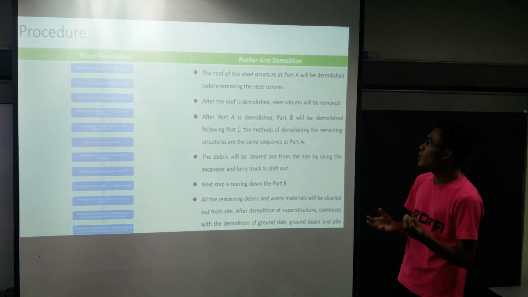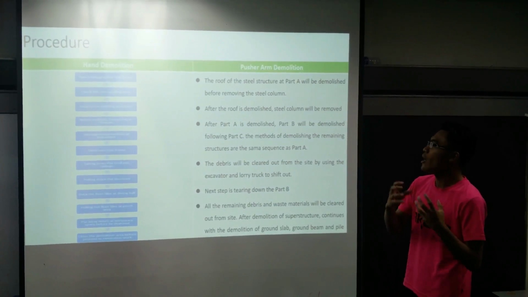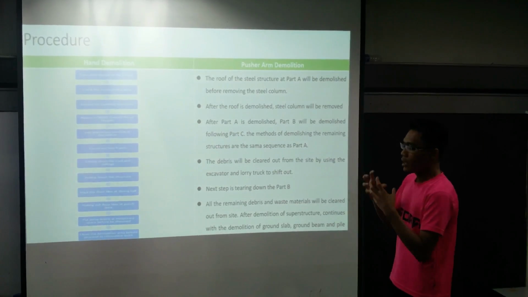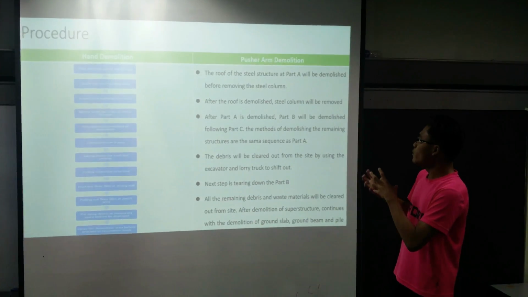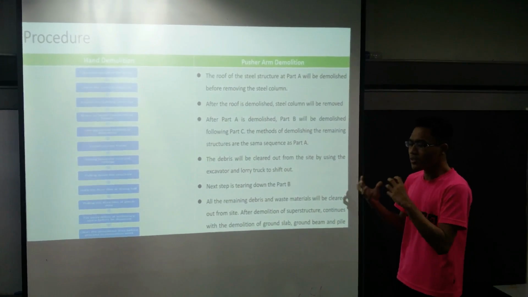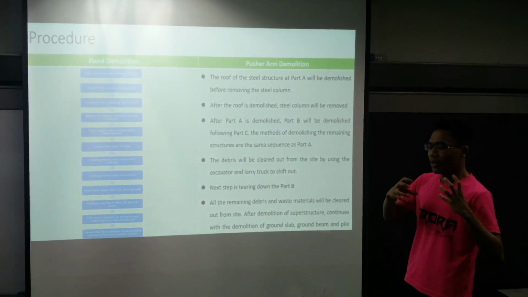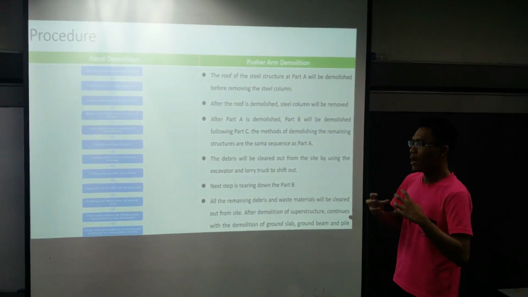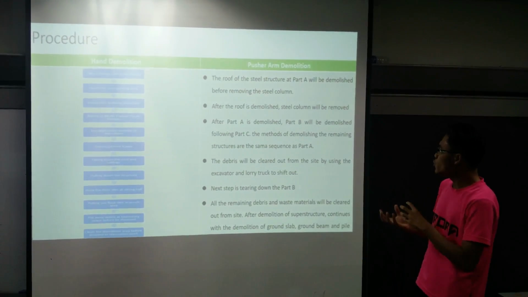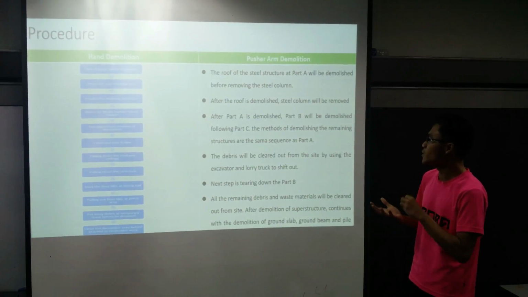After the roof has been demolished, the column will be removed, and then after the area of part A is demolished, the area of part B will be demolished, following the area of part C. Demolition starts in area of part A, and the last demolition will be part C. The method of demolishing the remaining structure is the same sequence as part A.